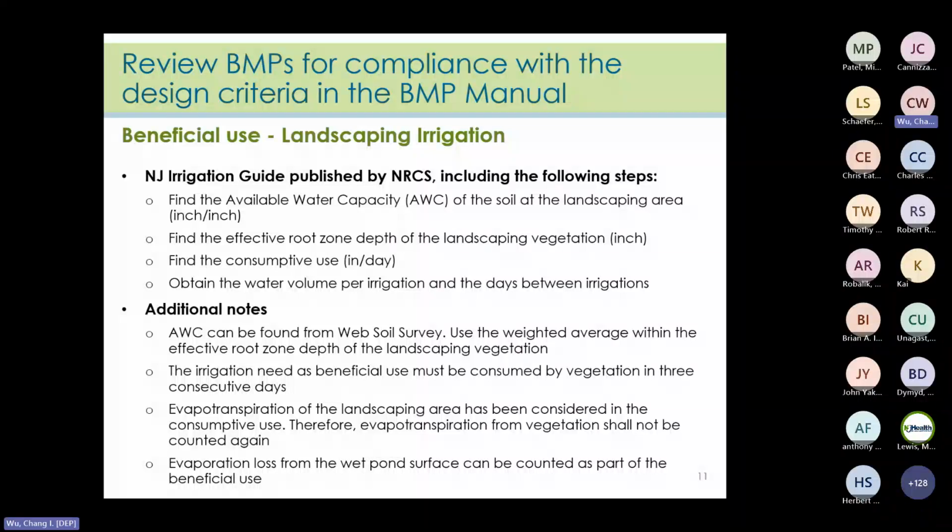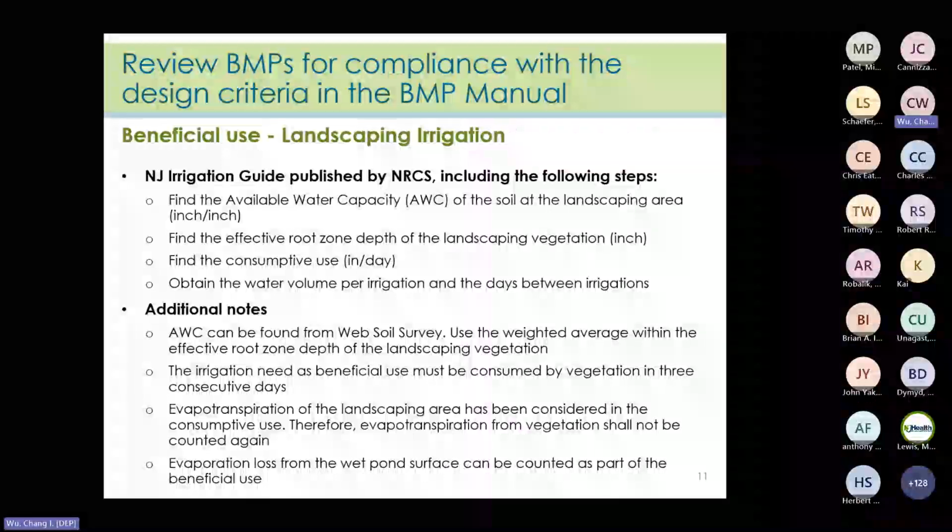So the NJ irrigation guide published by NRCS includes the following steps. First, find the available water capacity of the soil at the landscaping area, measured in inches per inch.